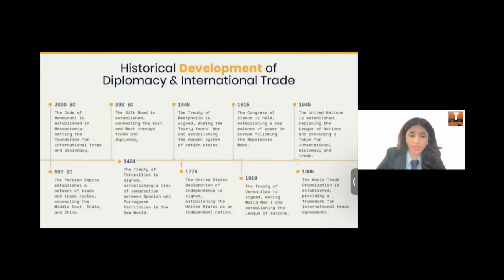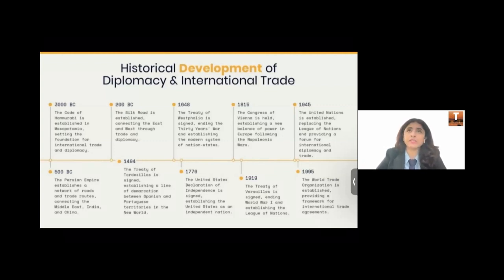Now, in today's time, we have seen so much going on, but yes, there are some modern diplomatic conferences and organizations. Diplomatic conferences and organizations started emerging in the 19th and 20th centuries to address international issues and promote cooperation.